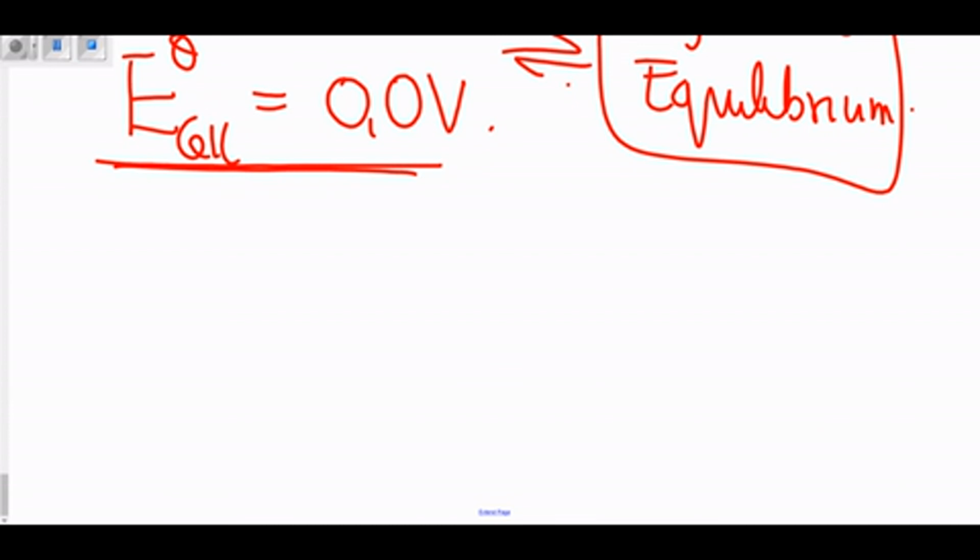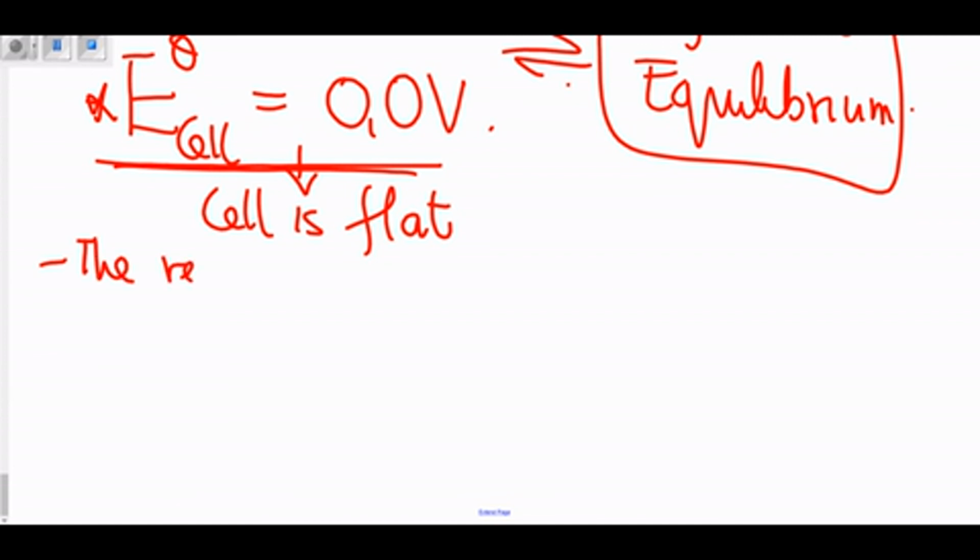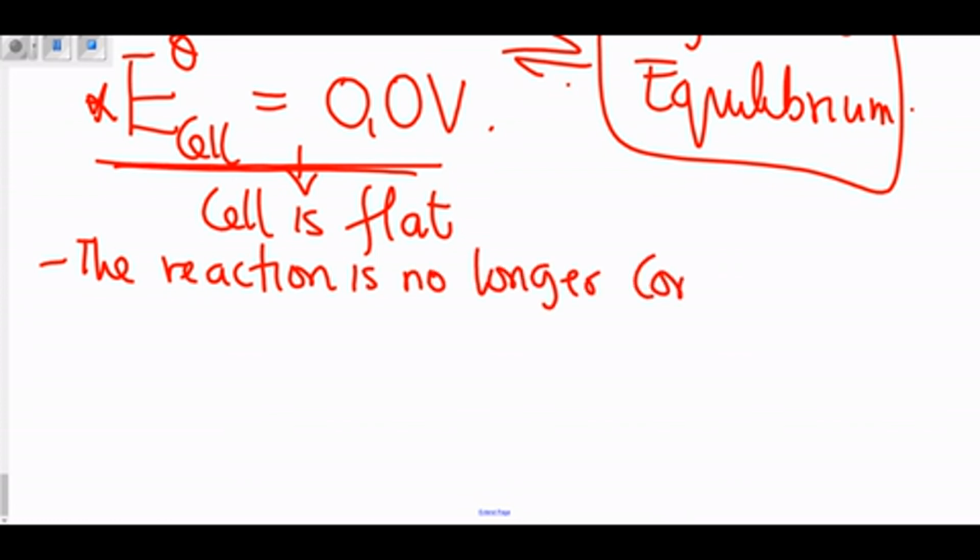Quickly, what does this mean? If we're taking down notes, what is the meaning of this? Number one, this means that our cell is flat. That's the big implication. But let's explain that. It means that the reaction is no longer converting the chemical potential energy to electrical potential energy.